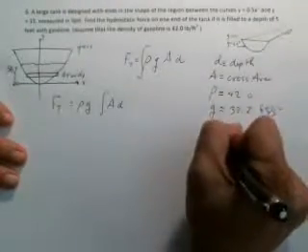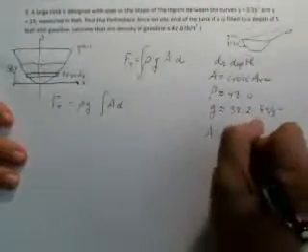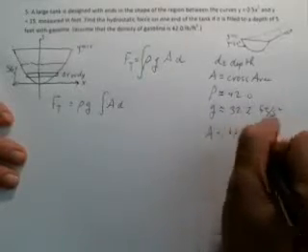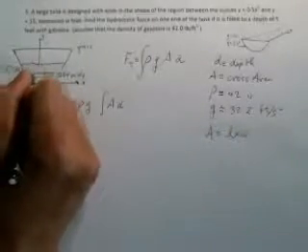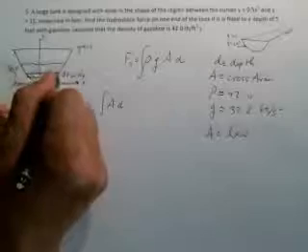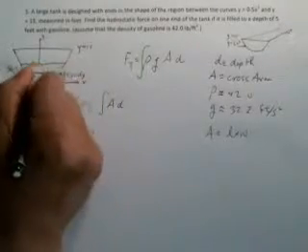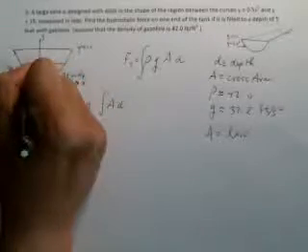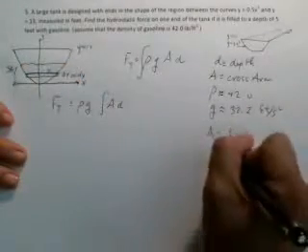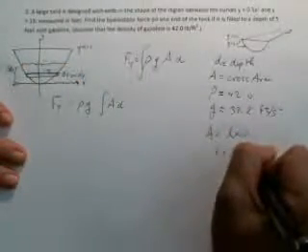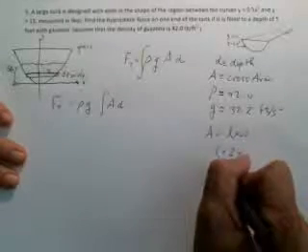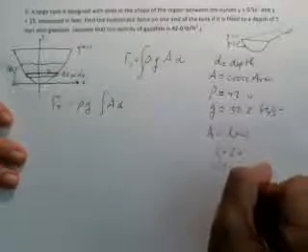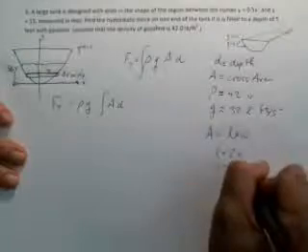So what is the area? Area is equal to length times width. The length is this length, from here to here is x, and you're going to just double it. So the length is equal to 2x, and the width is going to be dy.